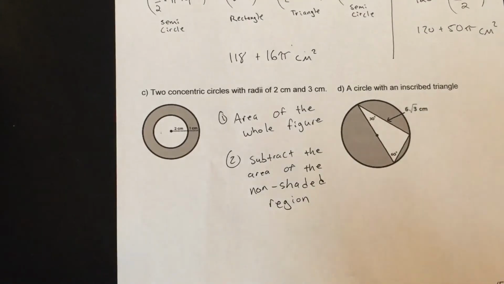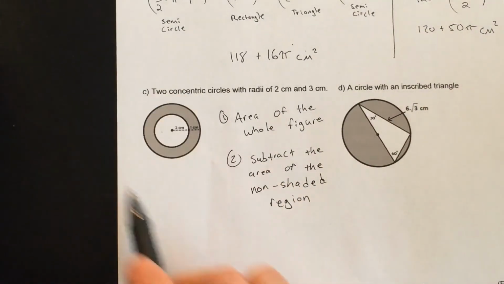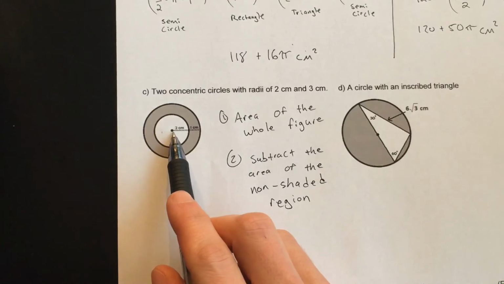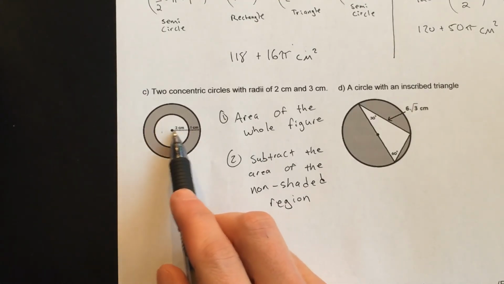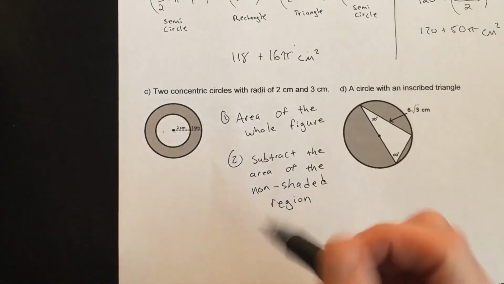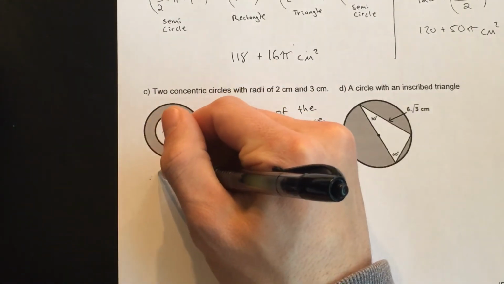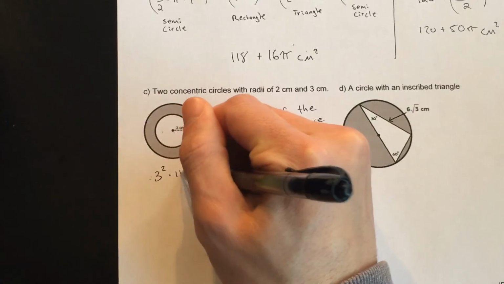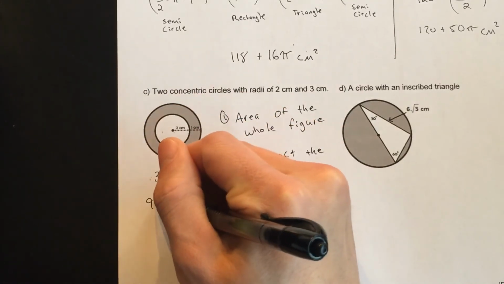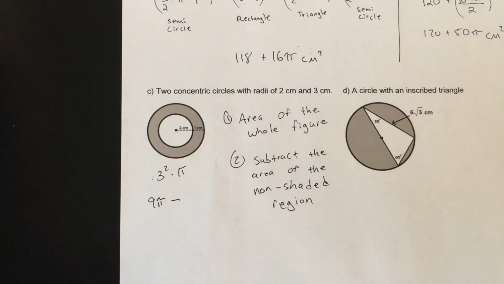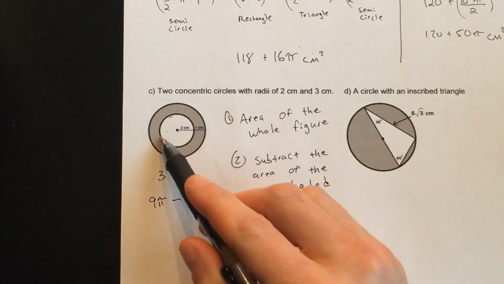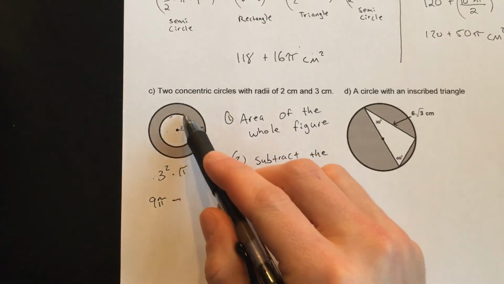So, how do we do that? The area of the whole figure would be, it's a circle, so it's pi r squared. Well, r is 3, because it's the entire radius. So the area is 3 squared times pi, or 9 pi. Now we're going to subtract the area of the non-shaded region, or the area of this white circle on the inside.